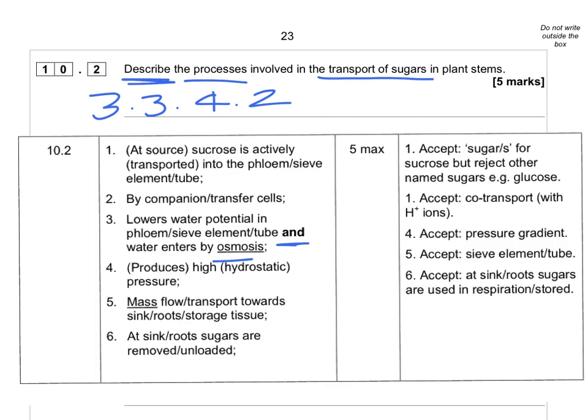And at the sink, sugars are removed. Notice it's about plant stems as well, the movement in plant stems. There are many other things you can get in there as well. So again, if you've learnt about mass flow transport of sugars in plants, then you should be okay.